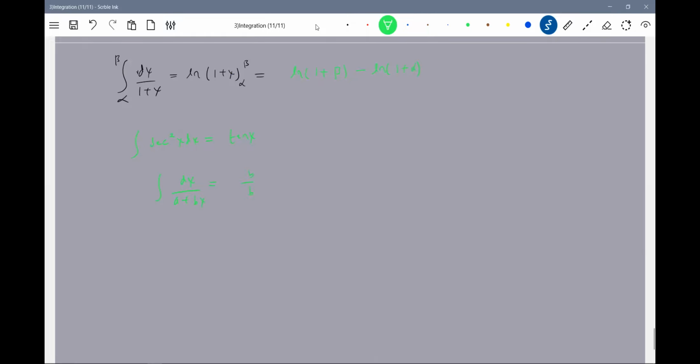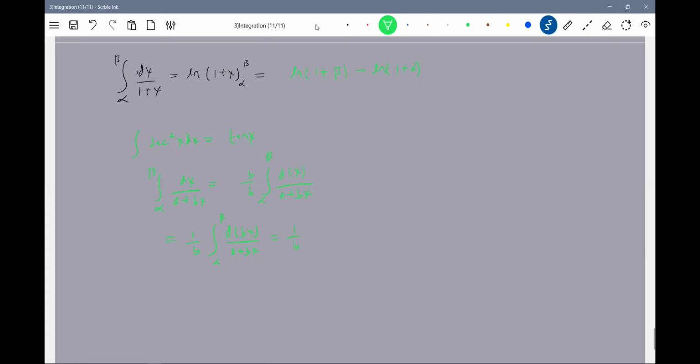So divide and multiply by b. dx by a plus bx. Then this will become 1 by b, the derivative of bx over a plus bx. Okay, I'll bring limits, no problem. Here also the limits are alpha and beta.